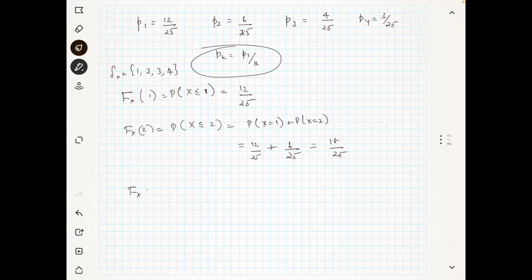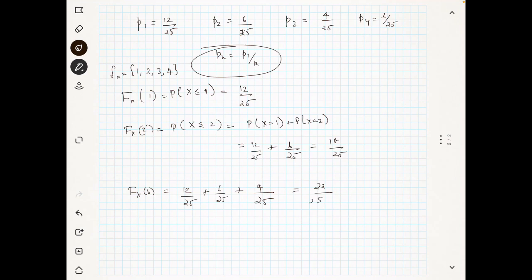Similarly, FX of 3 is 12 by 25 plus 6 by 25 plus 4 by 25, which I think is 22 by 25.